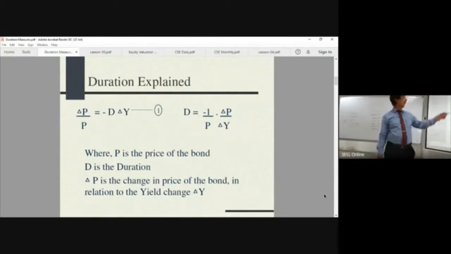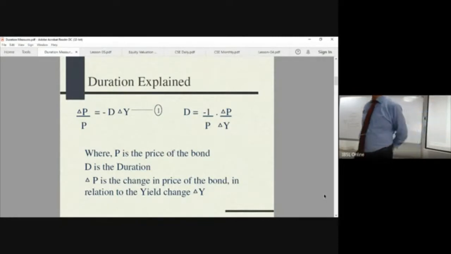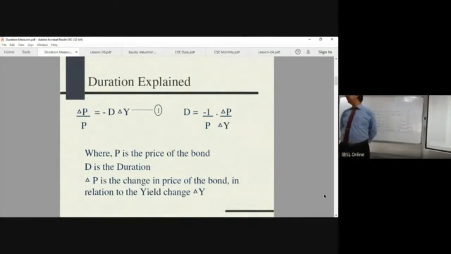Now, if you look at the relationship on the left-hand side, that is delta P over P. What do you mean by that? Delta P over P means the relative change in price. Earlier price is 100, there's a change in price of 2.